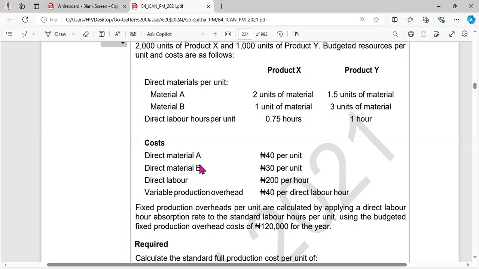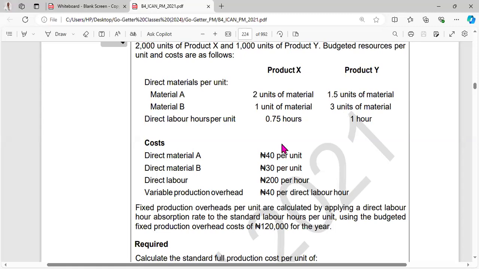Then direct material cost. Direct material cost is 40 naira per unit. So 1 unit of material A is being purchased at 40 naira, says the purchasing manager. If you are going to use 2 units, this is going to be 40 times 2, that's 80.